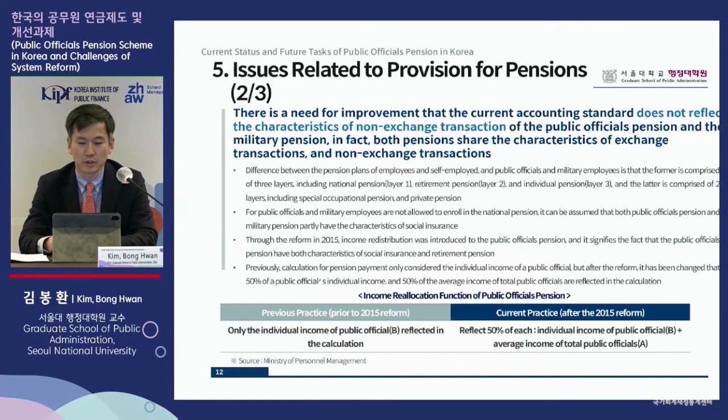In the 2015 reform, the government enhanced income redistribution to the public officials, strengthening the characteristics of public pension as a social insurance. So we need to reflect both characteristics in recognition, but we only rely on the exchange transaction pension program.